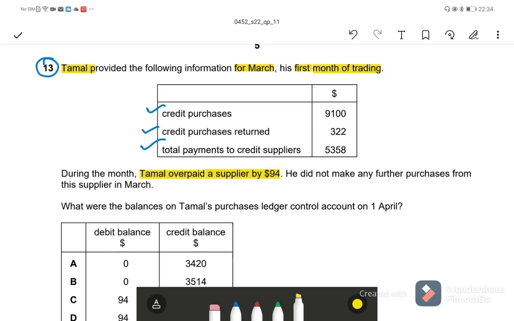He did not make any further purchases from this supplier in March. So this 94 is more he paid to the supplier. What were the balance on Tamil's purchase ledger control account on 1st April?